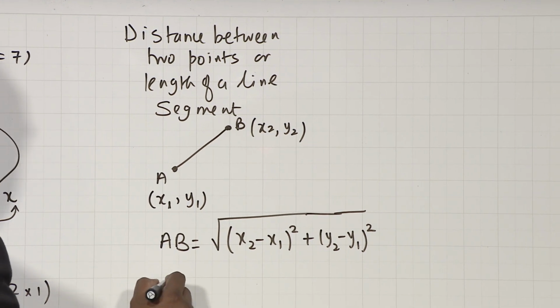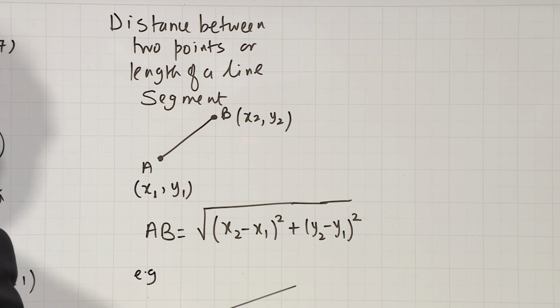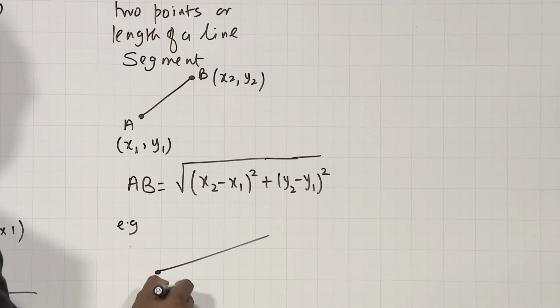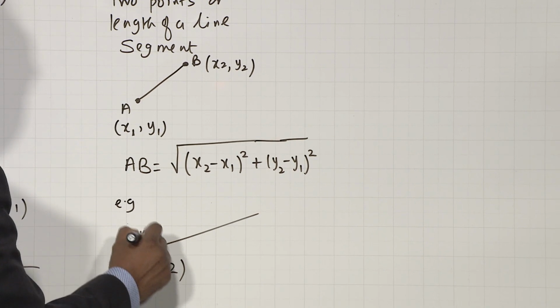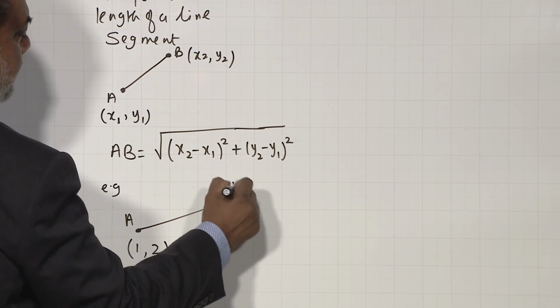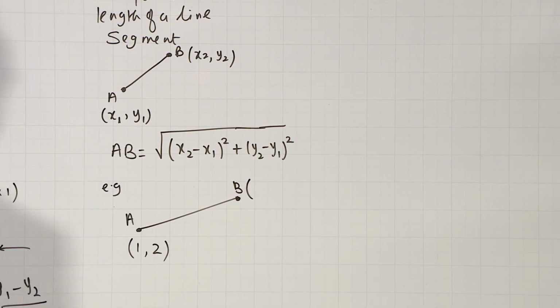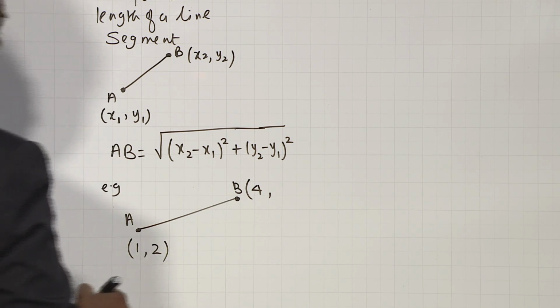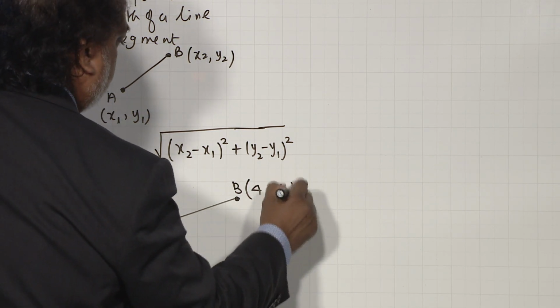Let's take an example. Suppose that I have a point 1, 2 here. Point A is 1, 2. Point B, we have the coordinates 4, 6.